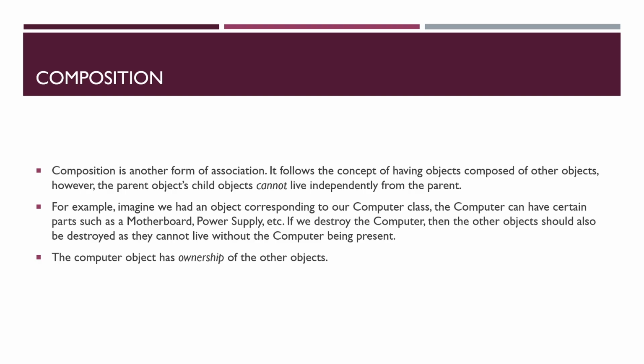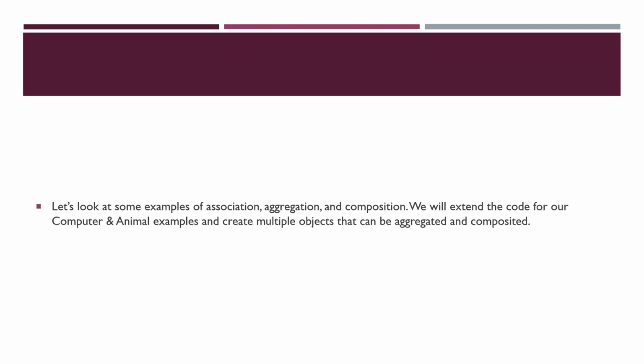So if we were to get rid of the computer class, the motherboard, the power supply, CPU, GPU, those objects would not be able to live independently. They would not be able to exist without that computer object. The computer object has ownership of these other objects. So that's composition right there. So it's not really super crazy. There are differences between composition and aggregation, and being able to identify these association types is very crucial.